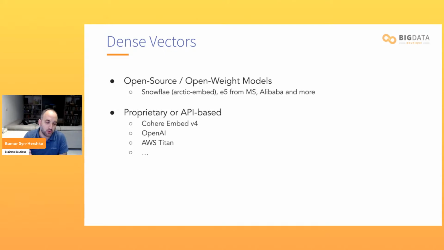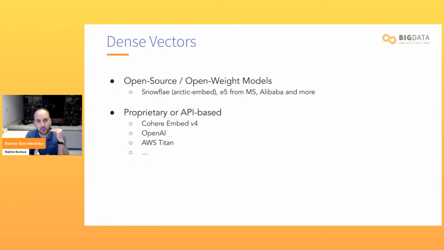The open weight open source models will sometimes have some cheaper or smaller models that you can run also on more commodity hardware. And then we'll generate those values. I'll show you in a second how it looks. And those values essentially are going to be representing the meaning of the document.